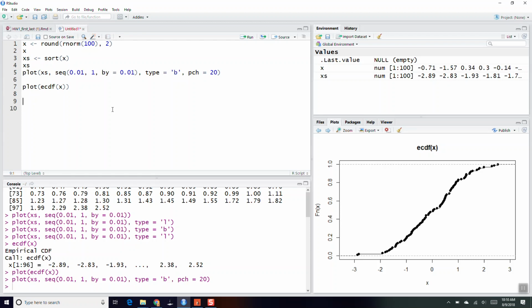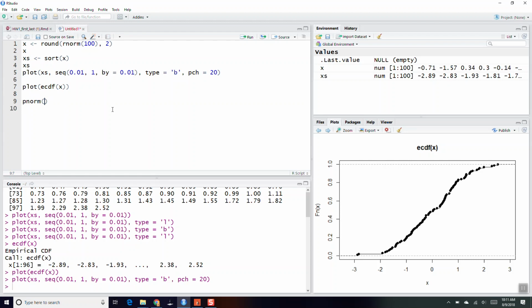theoretic CDF. So in our case, what is the function that generates the theoretic CDF for the normal distribution? pnorm, right? So we would do pnorm, and let's basically go from -3 to 3.